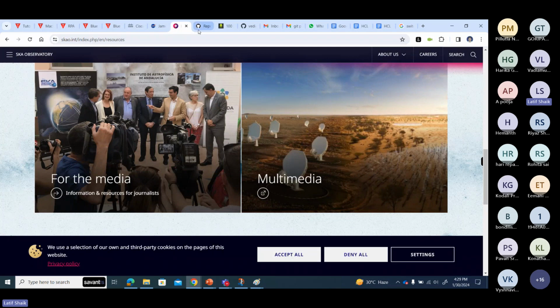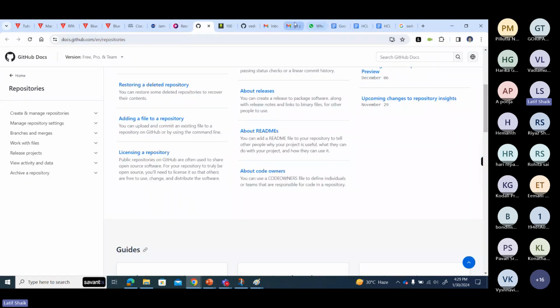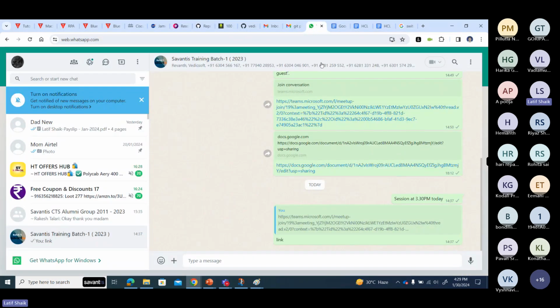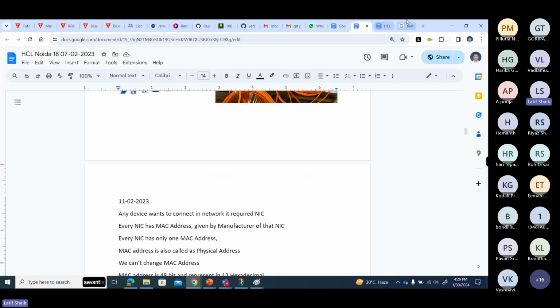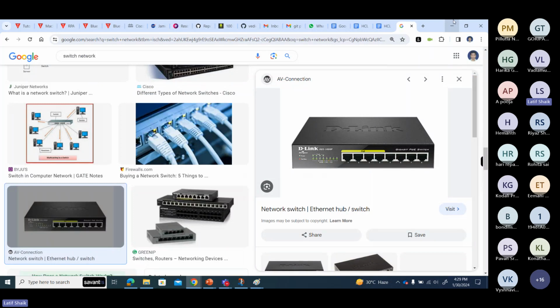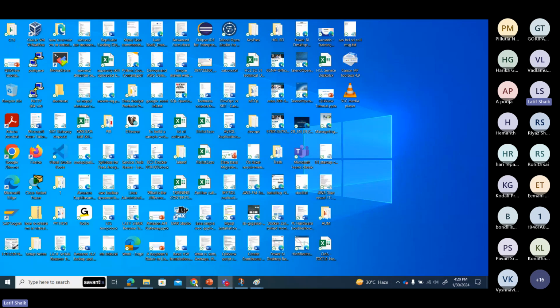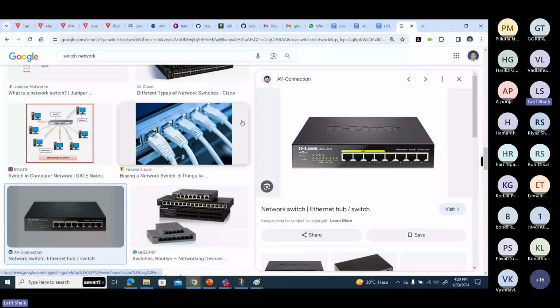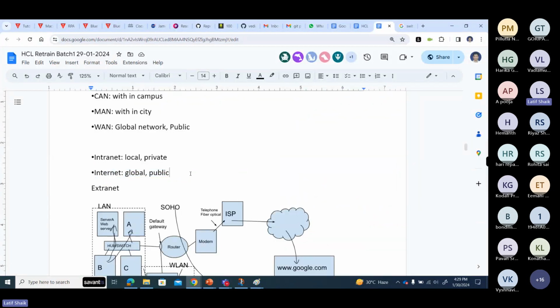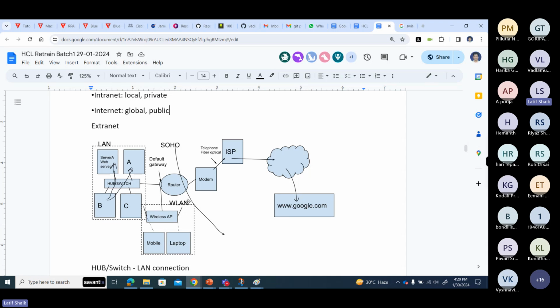This is GitHub, WhatsApp, Google Docs. I'm accessing my Gmail, everything from the internet, right? So that is a public network. Anybody can connect to a public network. Anything available in public, we can access. So it is globally connected and public.